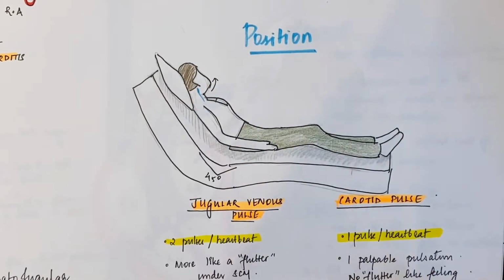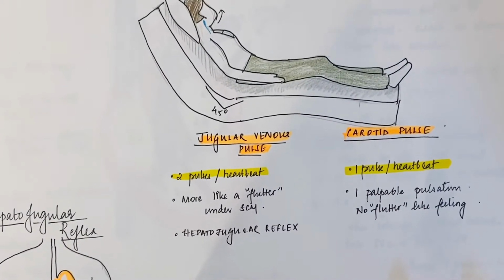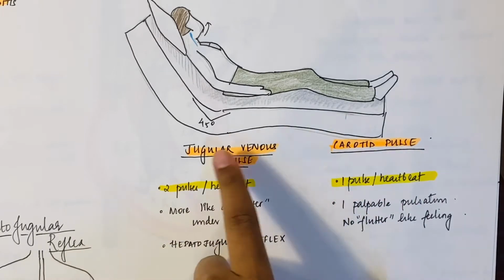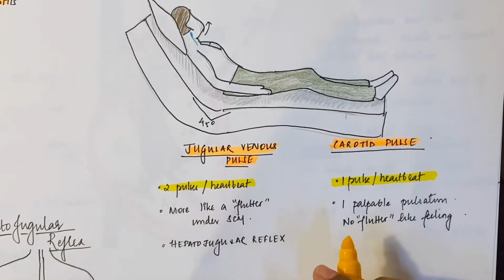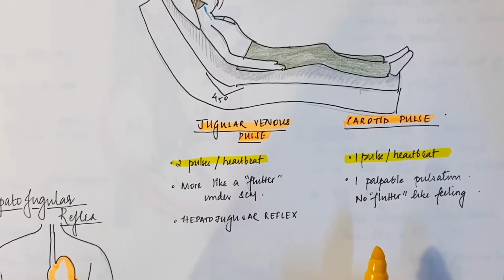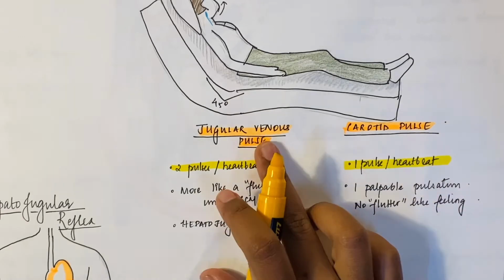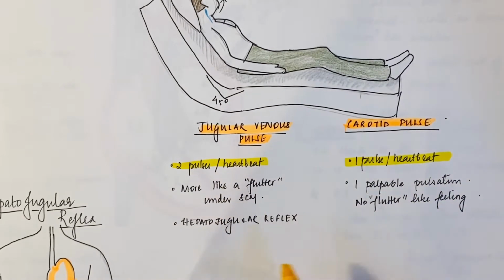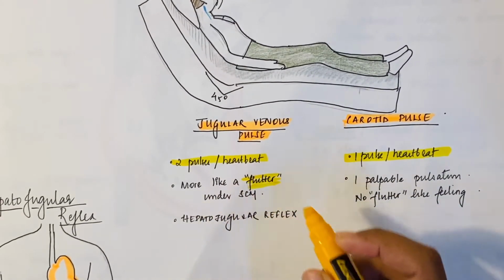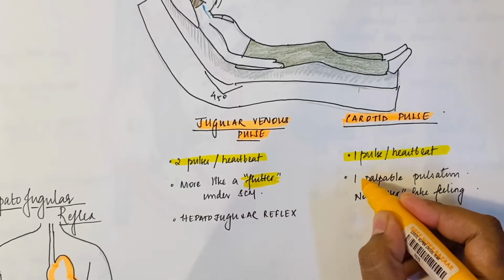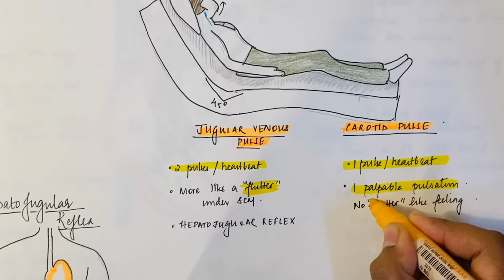There are two pulsations that occur at the neck around the same area: the carotid pulse and the jugular venous pulse. There are ways to differentiate between these two. JVP has two pulses per heartbeat. With our finger, if we check for the pulse, it's more like a flutter under the sternocleidomastoid. This has two pulses, whereas the carotid has just one pulse per heartbeat.